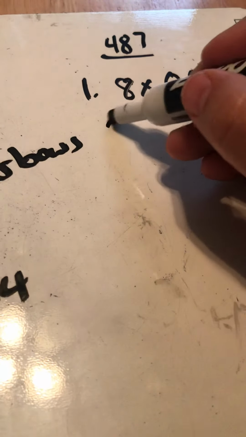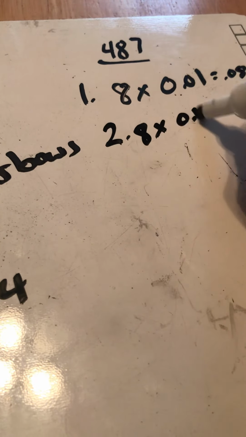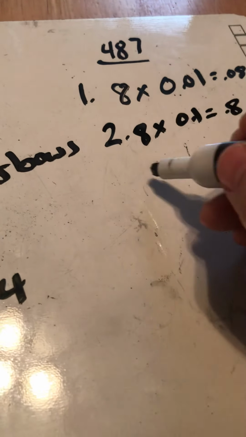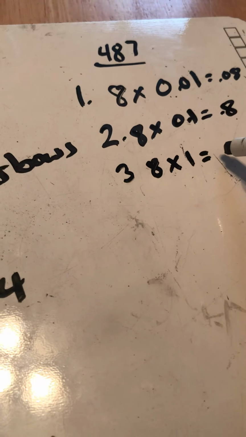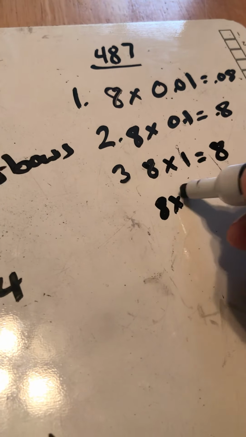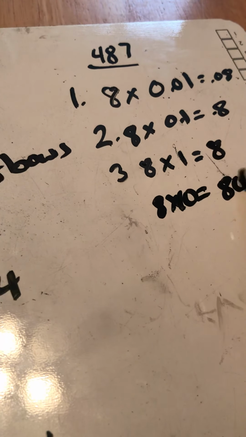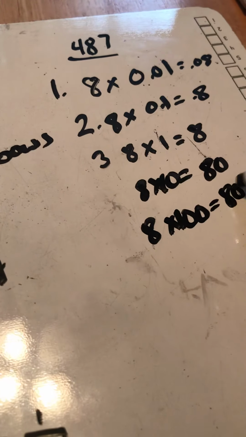Okay. Number 2, 8 times 1/10 equals 8 tenths. 3, 8 times 1 is 8. And the next one is 8 times 10 equals 80. And 8 times 100 equals 800.